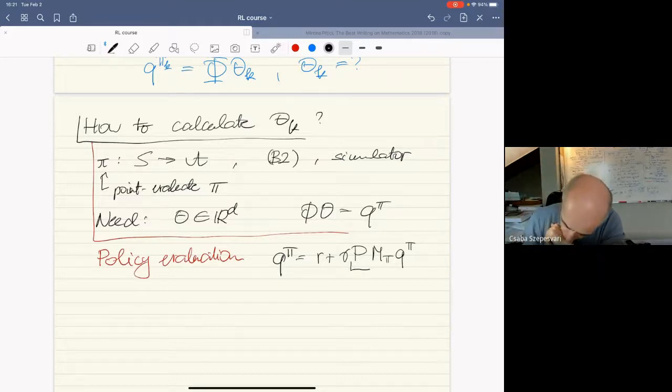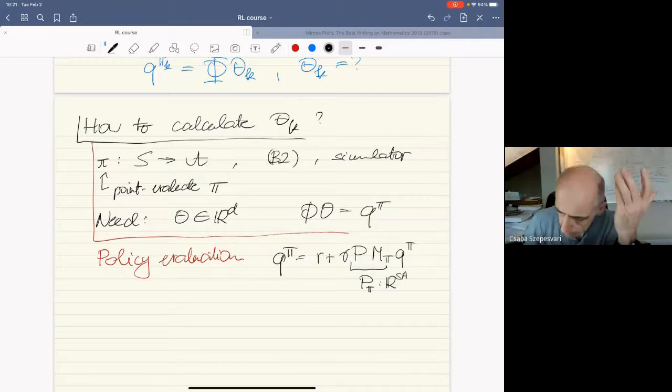And a lot of times we write these guys together, and then it's a little bit confusing. That's a P pi as well. But this is an operator that maps state action functions, functions over state action pairs, to functions over state action pairs.